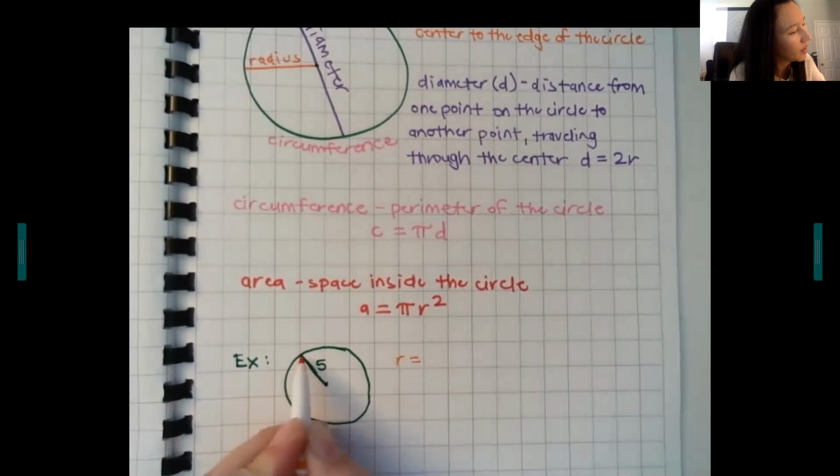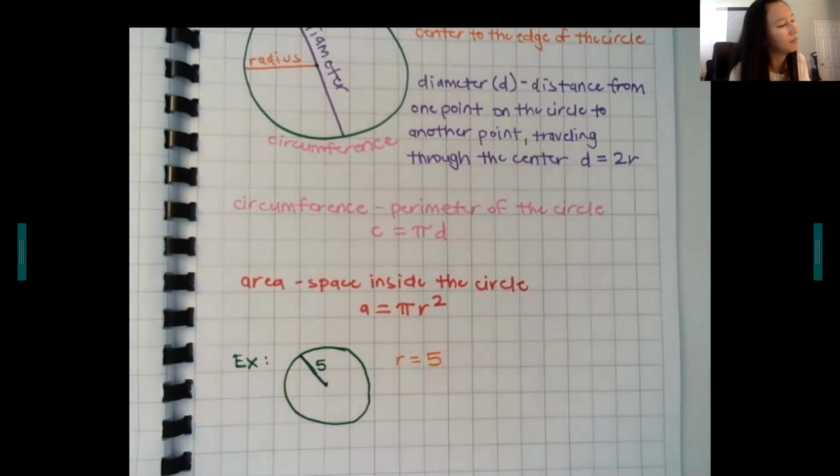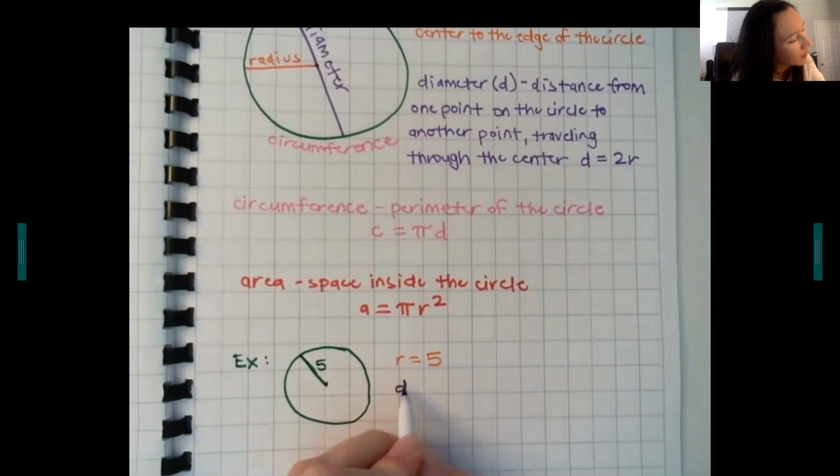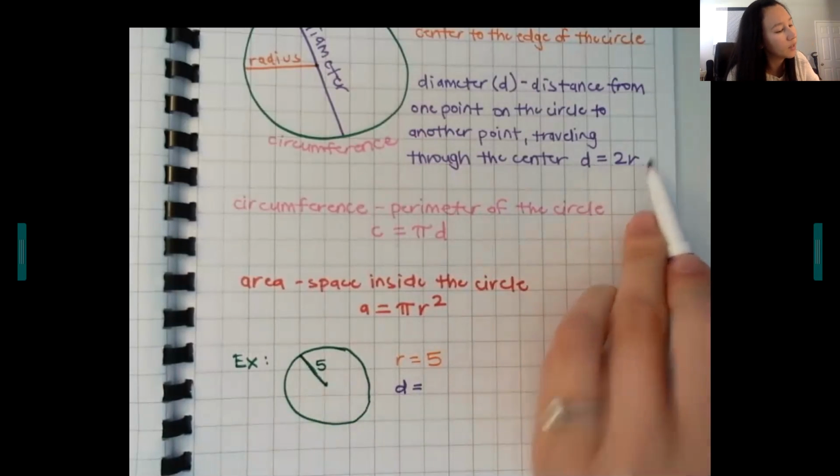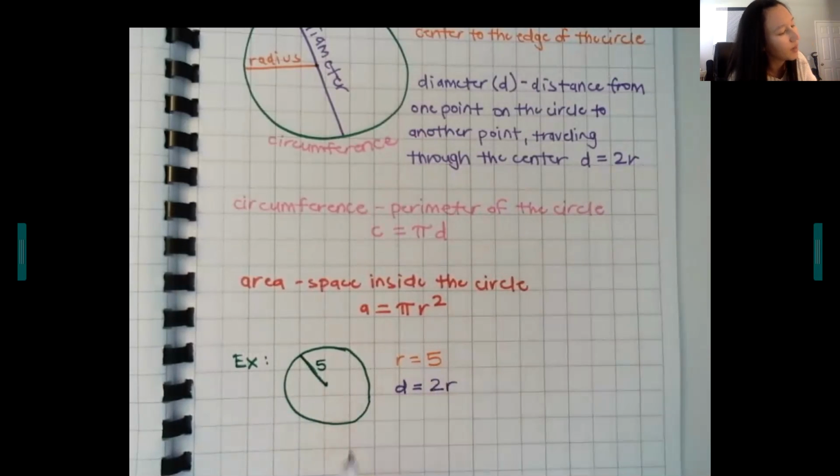They gave us the radius, the distance from the center to the edge of the circle, which was 5. Then if we needed to find the diameter, we know that the diameter is equal to 2 times the radius, which we know is 5. So that would be 2 times 5, which means our diameter is 10.